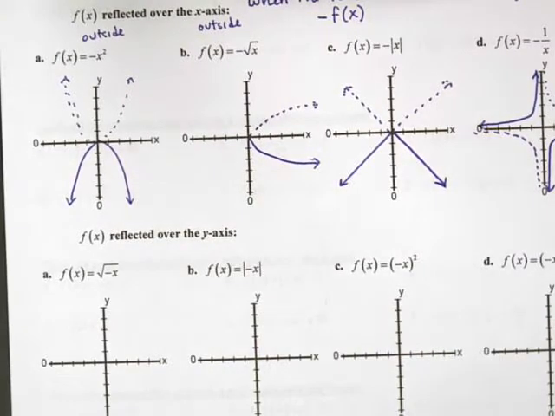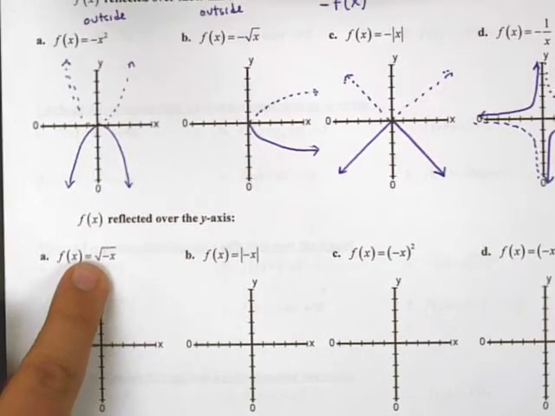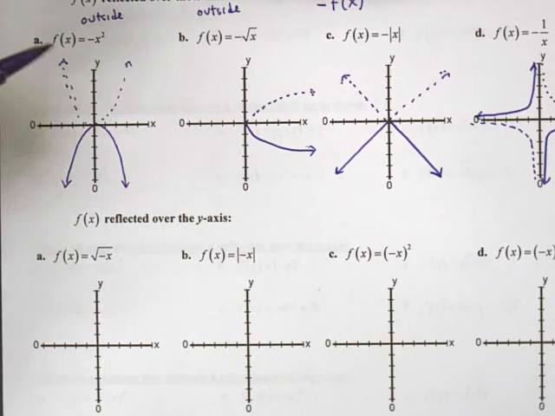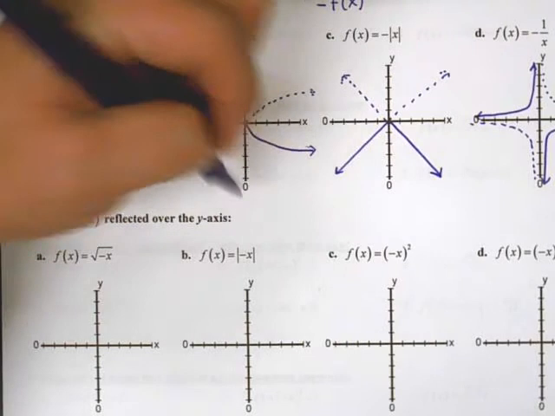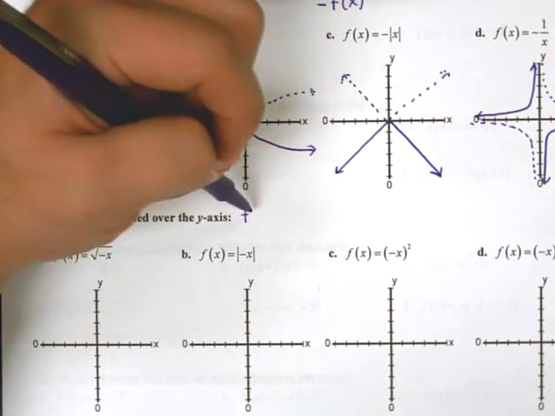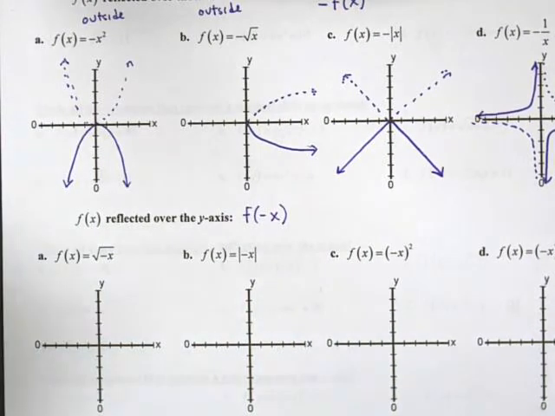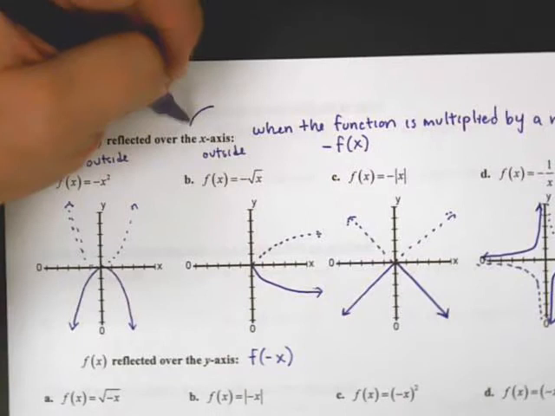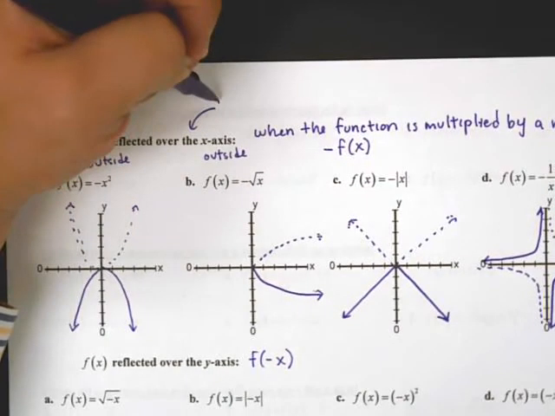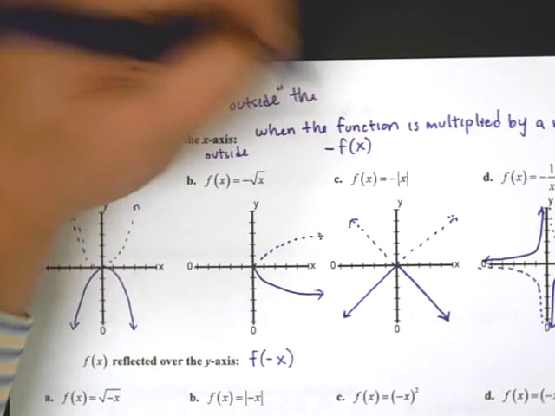Well, what happens if the negative is inside the function? Something like this. Okay. F of x is going to be reflected over the y-axis because now the negative is inside of the function. Okay? And actually I should change this. Or add. Outside the function.